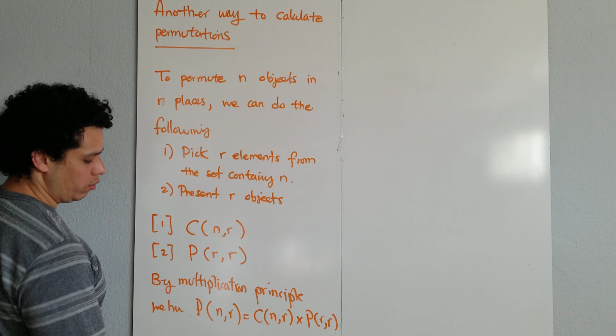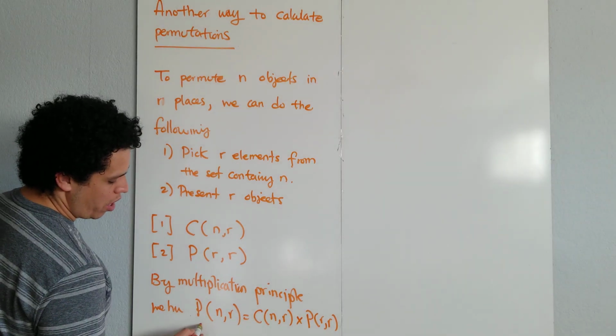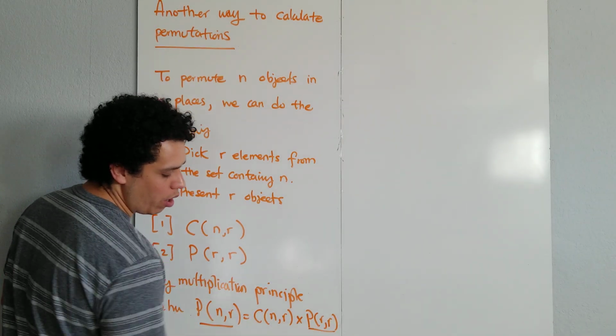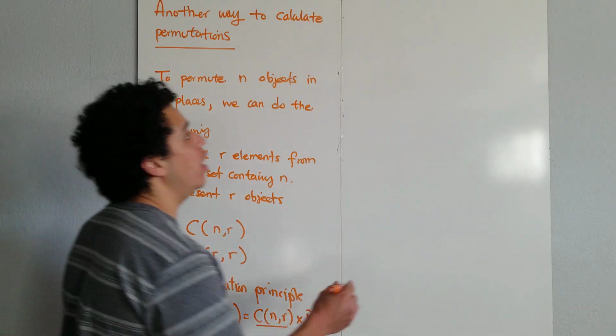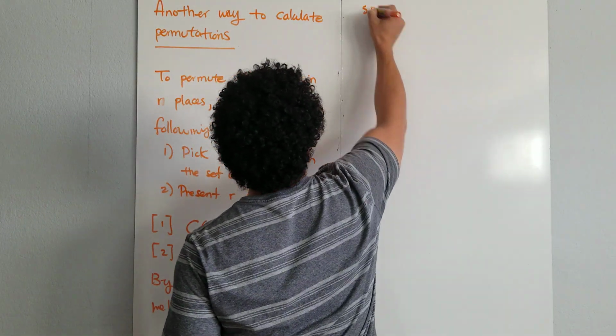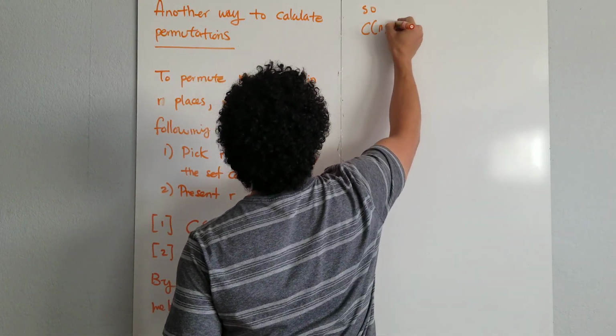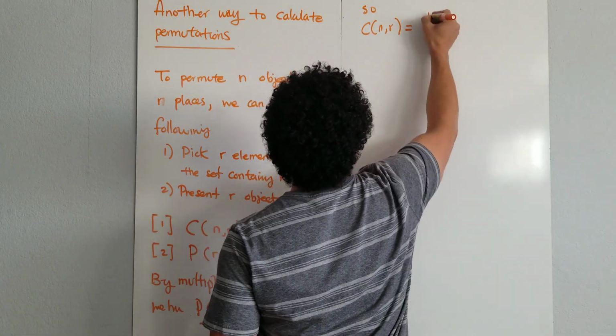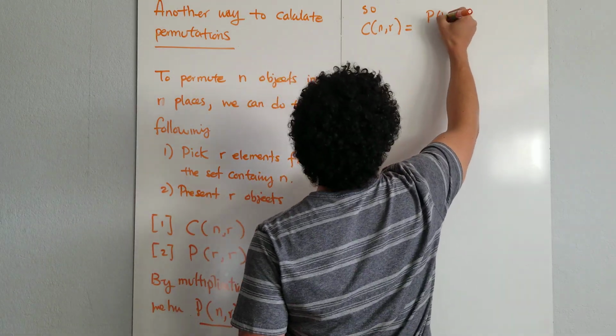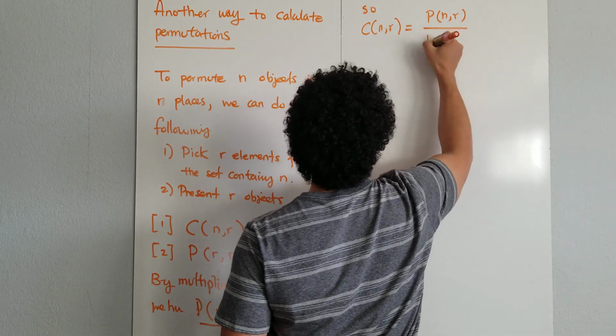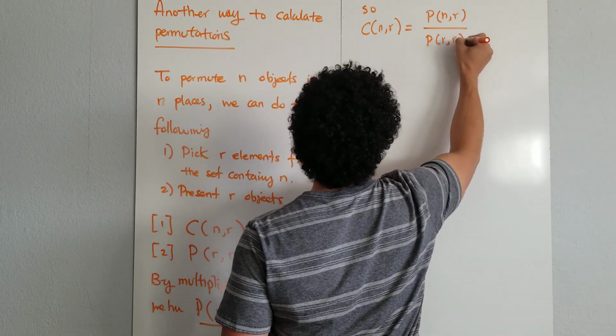So, well, look, we already know how to compute this. We already know how to compute this. So we get the following conclusion. C(n, r) is equal to P(n, r) over P(r, r).